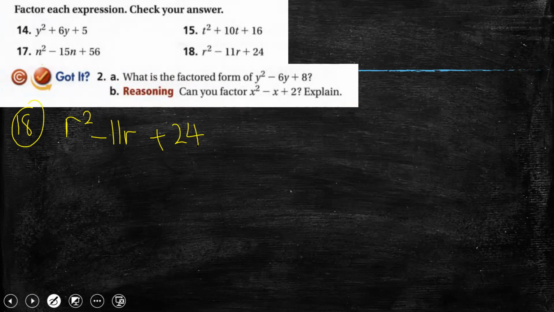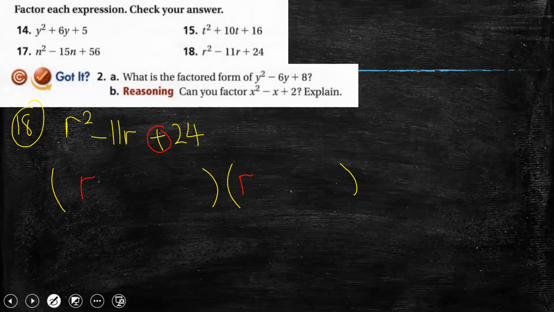We say that if you want to factorize any trinomial, the first step is to open two brackets. Then after that, I will look at the variable. Which variable do I have here? I have variable r. So I will put one r here and the second r in the second bracket. Then after that, I will look at the sign of the c.